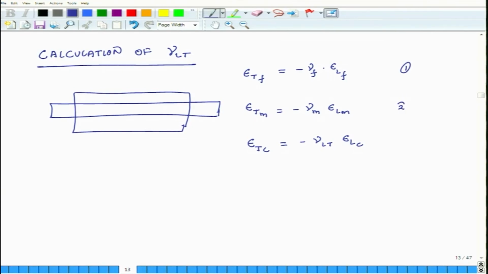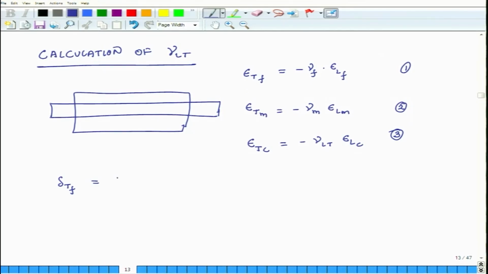So this is 1, this is 2, this is 3. The reduction in the thickness, I call it delta. So, delta Tf, reduction in thickness of the fiber will be what? It will be nothing but the Poisson's strain in the fiber times its original thickness.